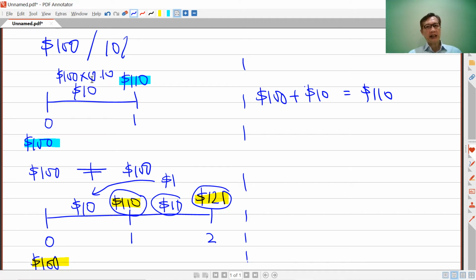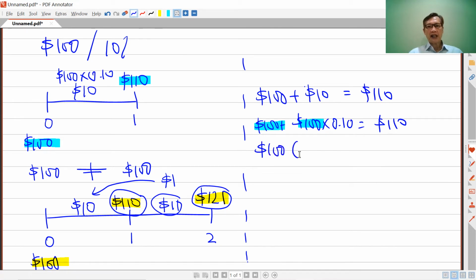So let's put this in, replacing this one here. You have 100 plus the interest for the first year, $100 times the 10%. That's where you have, at the end of year 1, the $110. With simple mathematics, we can now take out the 100, or we factor it. So the first one should be a 1, and then the second one is the interest of 10%. You have the 110 again.